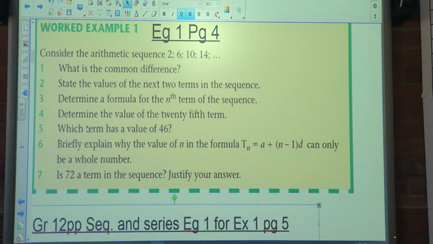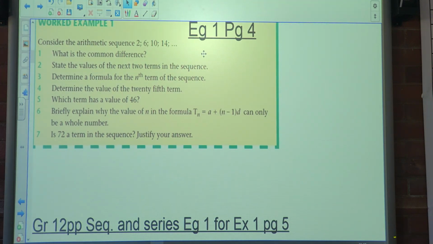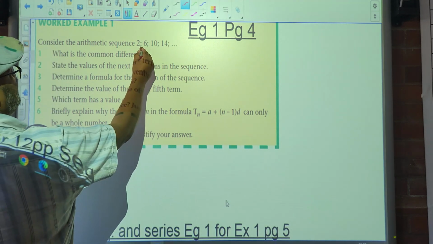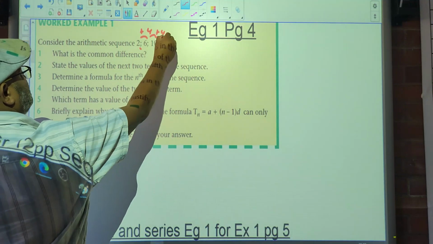Okay, so the question says, consider the arithmetic sequence 2, 6, 10 and 14. What is the common difference? So how do I move from one term to the next? You're adding 4. Not so?